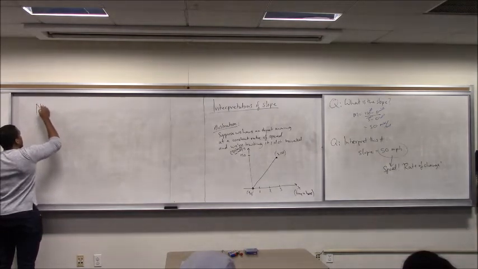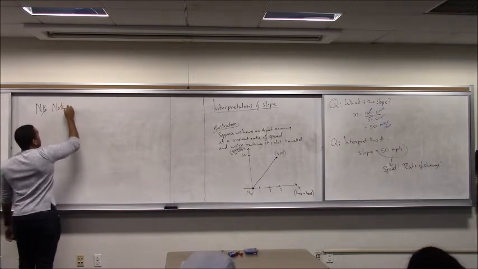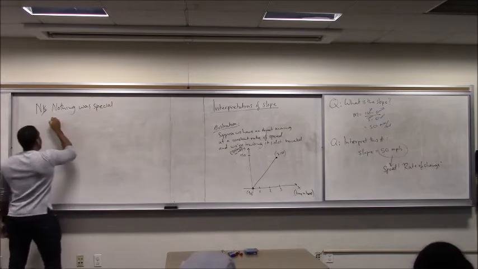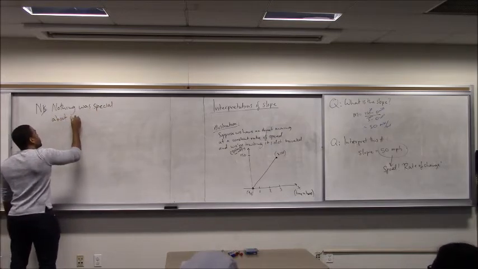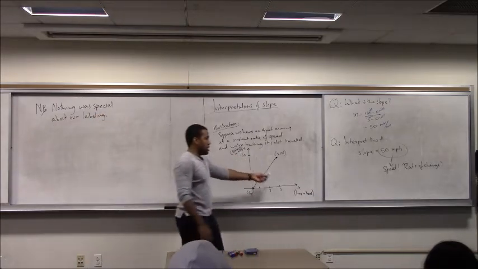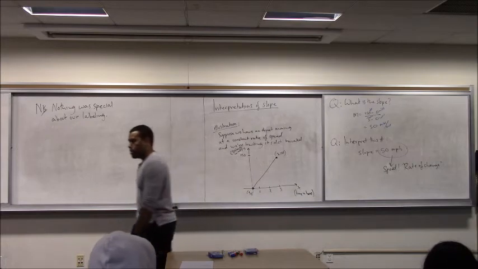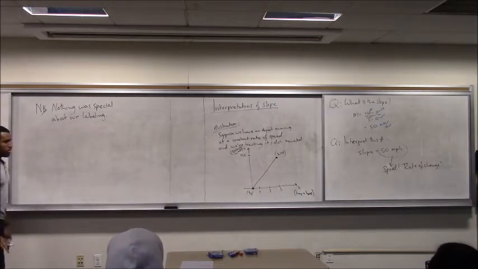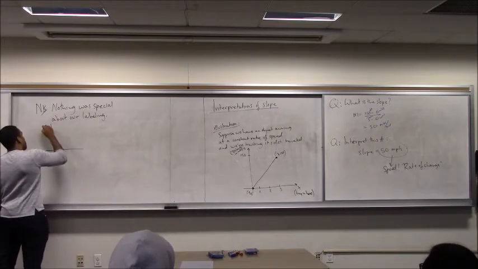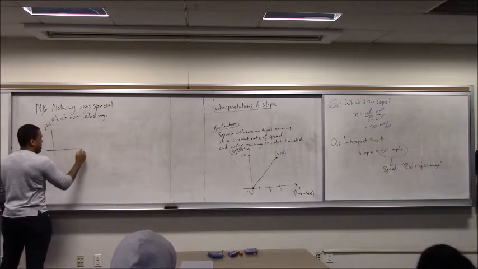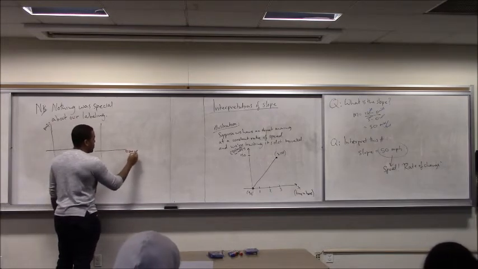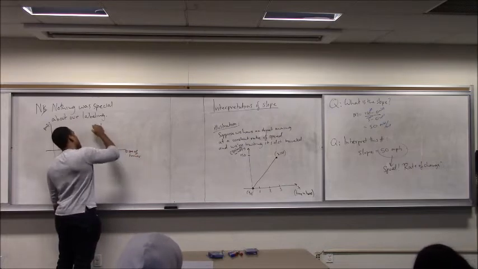What you can note here is there is nothing really special about our labeling. Sure, you can think of the axes as miles and hours, but did we have to label it that way? Couldn't we apply the same kind of reasoning if I labeled this something else? Like, what if I labeled it profit and labeled this price? Or what if I labeled this size of tumor versus amount of chemo?